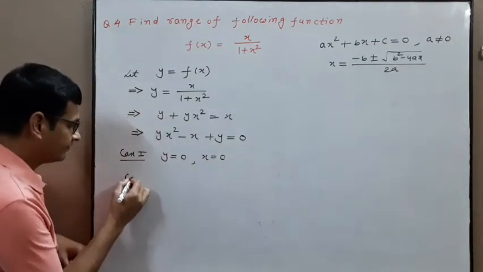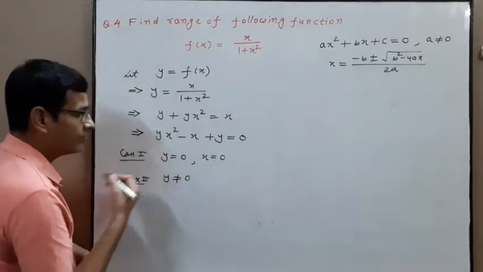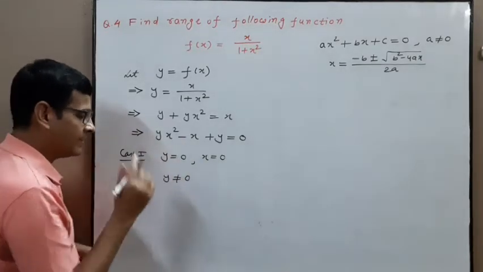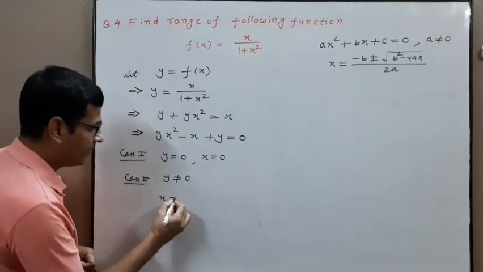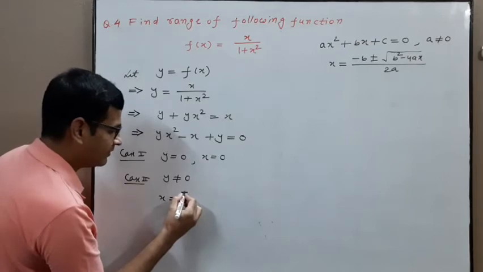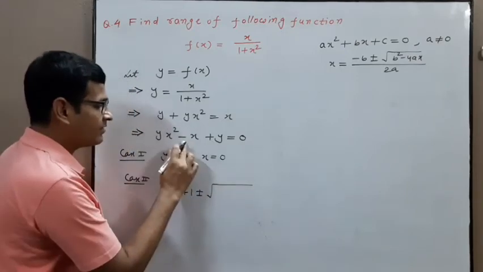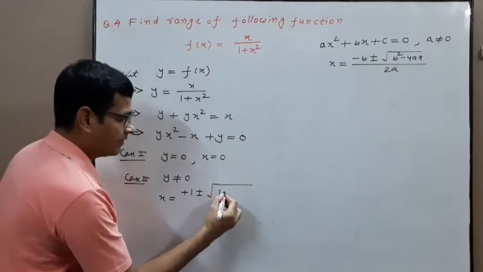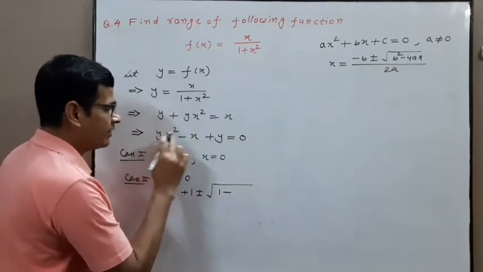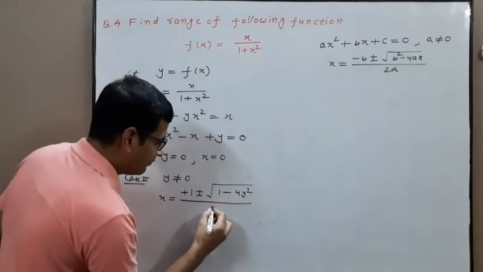Case second, y not equal to 0. Then we can apply the quadratic formula. So x is equal to minus b, so minus of minus 1 plus minus root of minus 1 whole square, so 1 minus 4ac, 4 into y, 4y square, upon 2y.